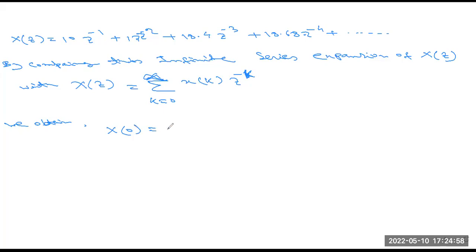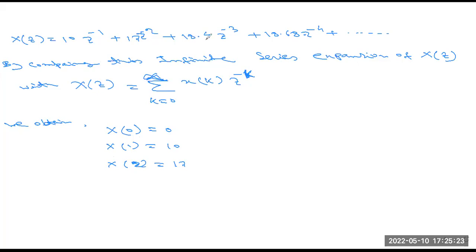So x of 0 is 0. Then x of 1 is 10, that is a constant term. Then x of 2 is 17.